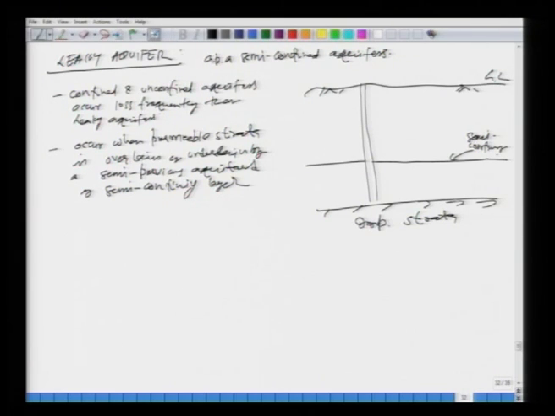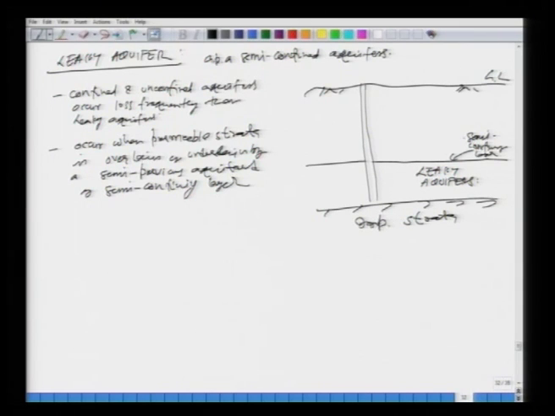It is not exactly confining, but semi confining. So, this is what is called your leaky aquifer, because it is leaking at the upper confining layer.